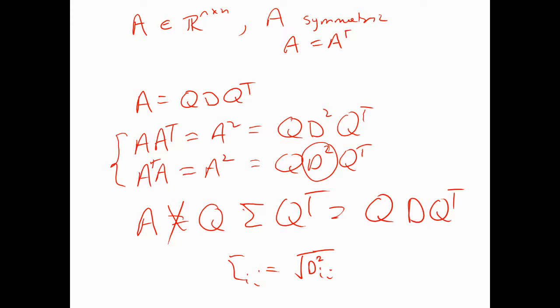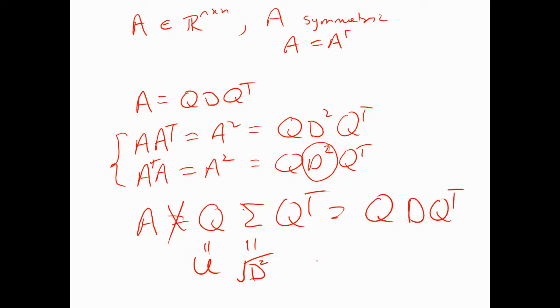So how does this work when you have some negative eigenvalues? What is the singular value decomposition in that case? We could choose, for example, the matrix U to be equal to Q. We can pick sigma just as I defined it, basically the square root of D squared, so it's the absolute values of the entries of D. But for V, we can't choose it to be equal to Q transpose.